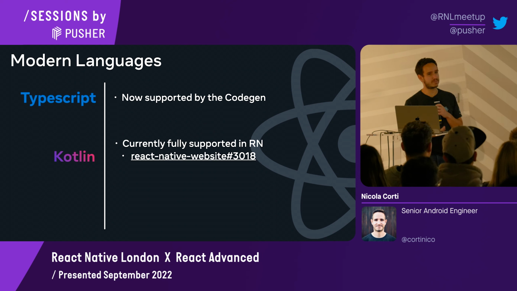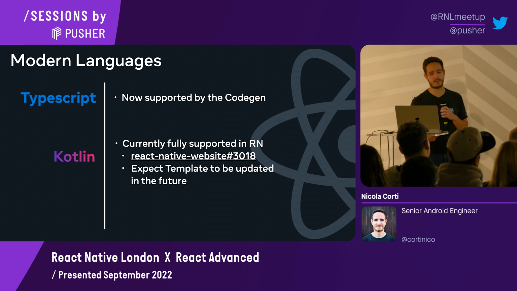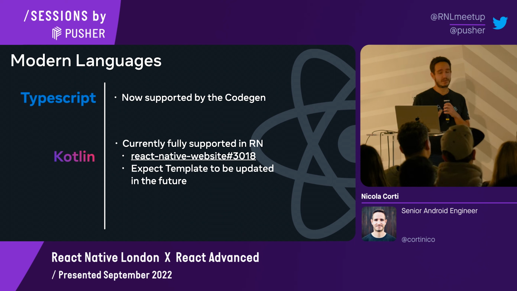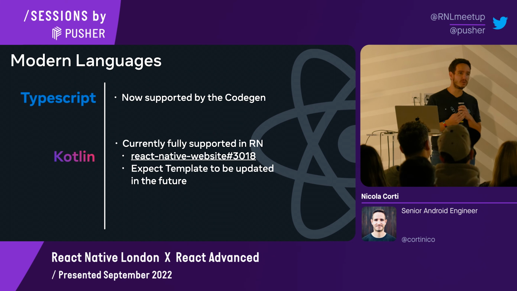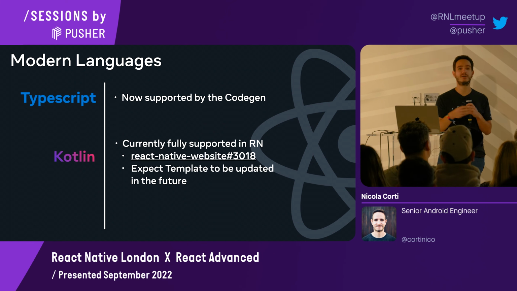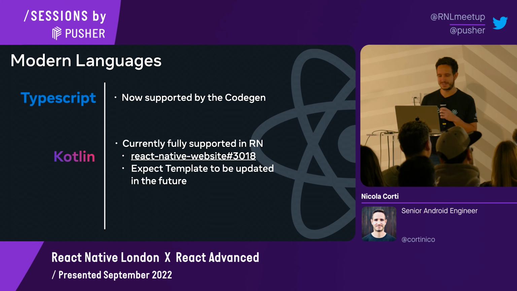So now if you go on the website, you will find snippets in both Java and Kotlin. And in the near future, you might expect the template to be fully updated to be in Kotlin, just because, again, Kotlin allows for smaller code, so it will be less code to maintain for you in platform space, which means fewer things can get broken at the end of the day when you update.